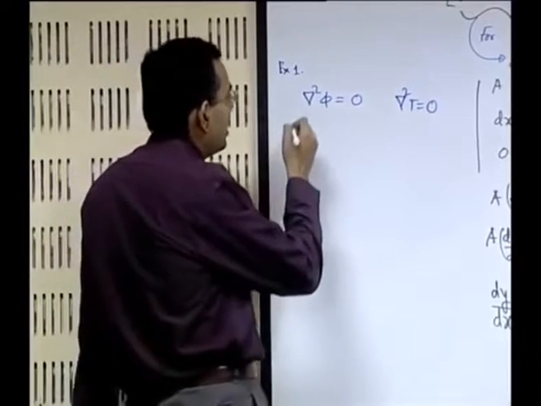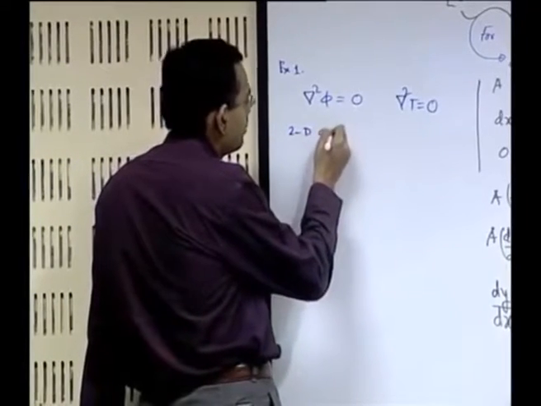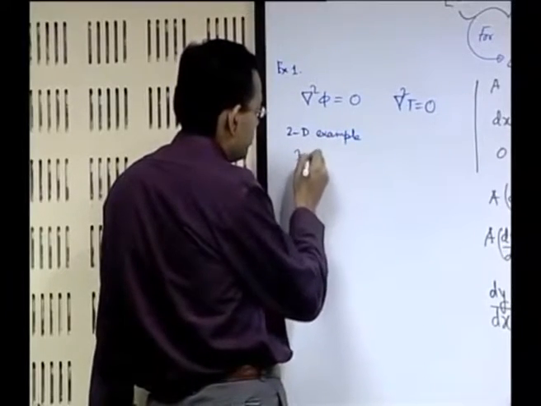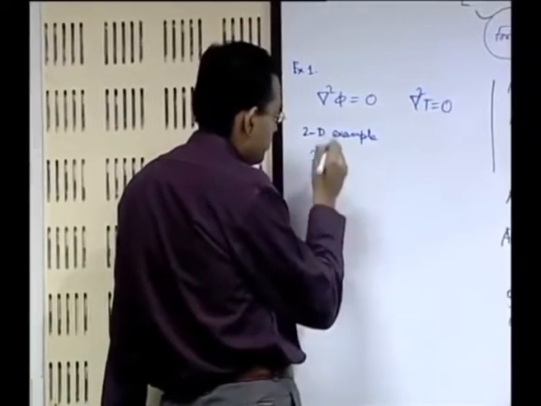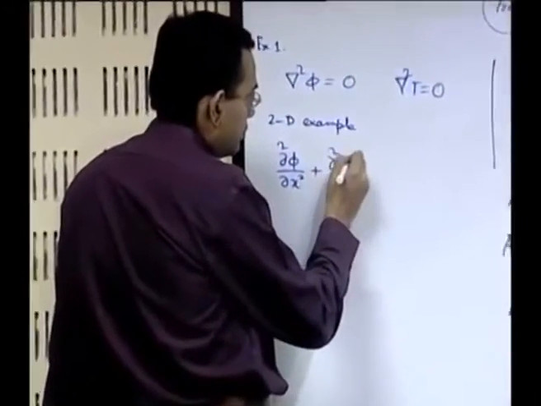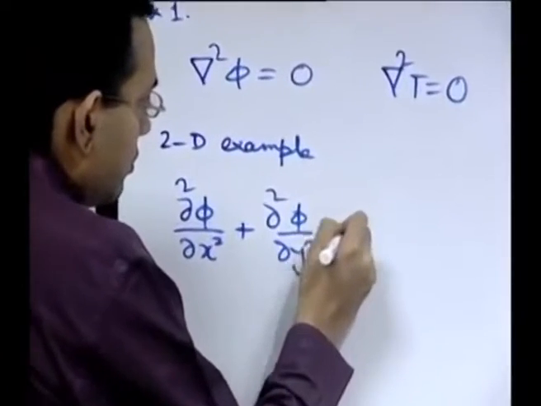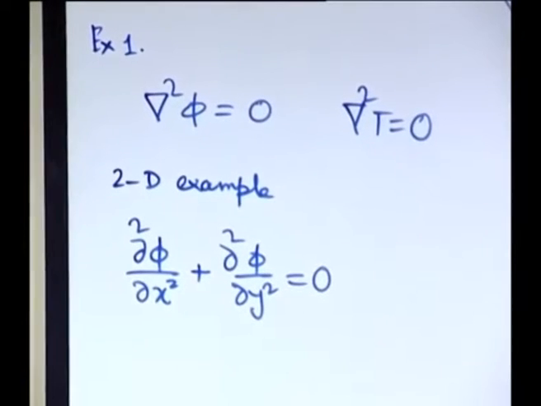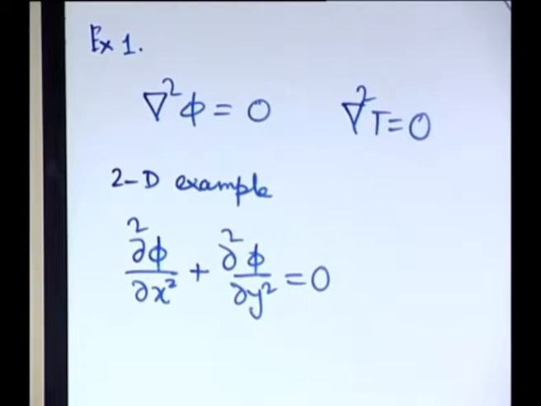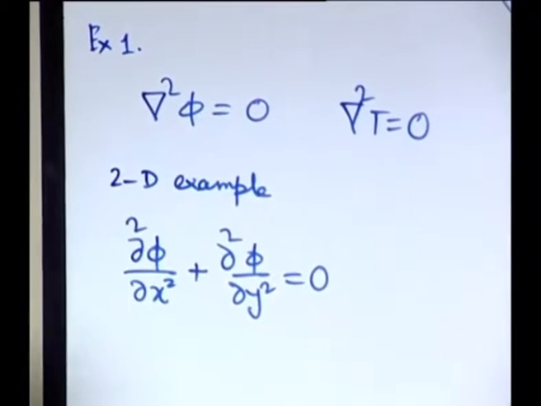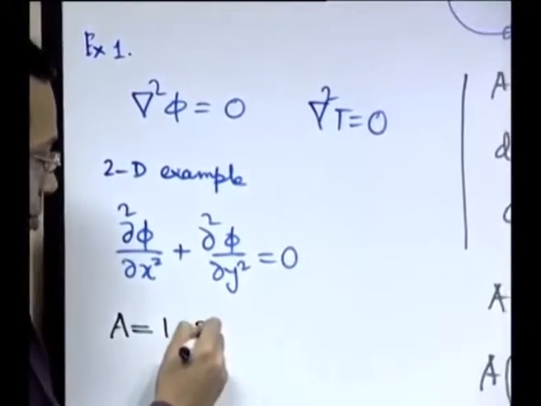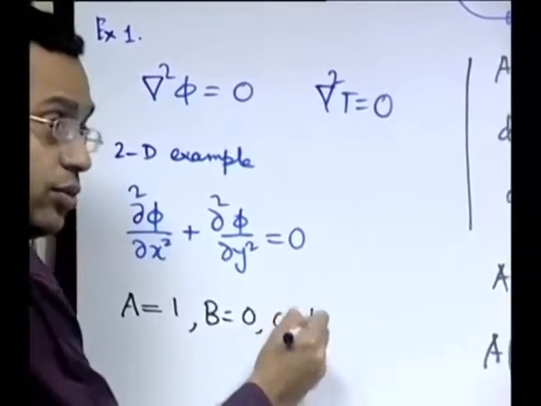So let us consider a 2-dimensional example. If you try to figure out its particular nature, you have A equal to 1, B equal to 0, C equal to 1.